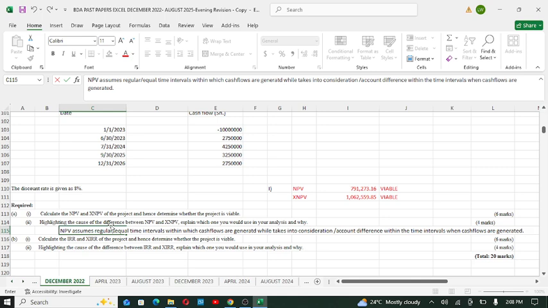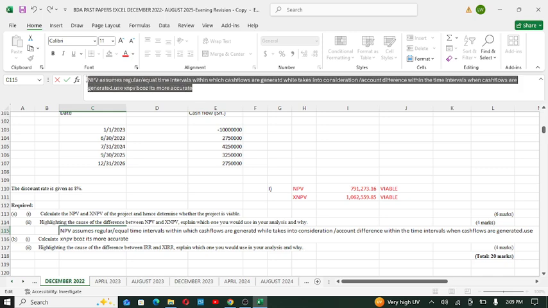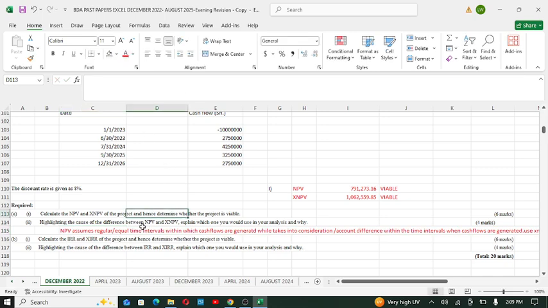What's the other part of the question? Which one would you use in your analysis and why? Because XNPV takes into consideration the dates, we will use XNPV because it's more accurate.